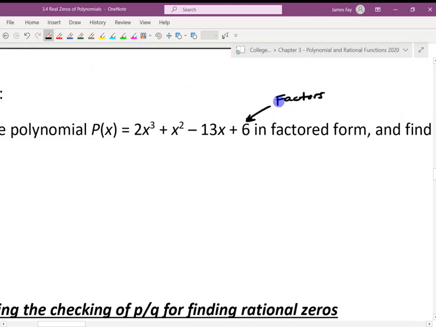What are the factors of 6? 1, 2, 3, and 6, right? Those are the terms that we call P, and they're going to be plus or minus: plus or minus 1, plus or minus 2, plus or minus 3, plus or minus 6.